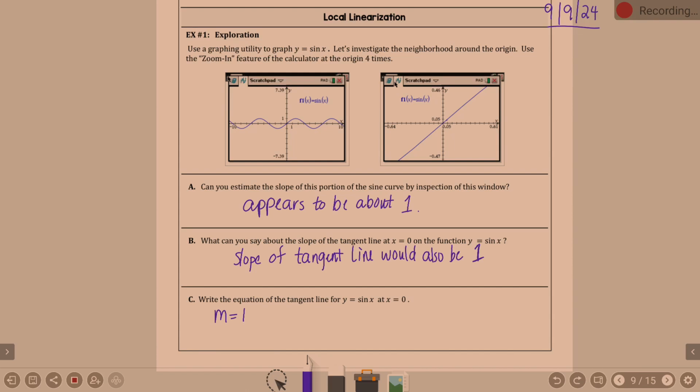And if it's saying x equals 0, that's going to be the ordered pair (0, 0). So what's your y-intercept? 0. So you're at y equals 1x. Here, it's mx plus b is what we're doing. So you do end up at y equals x.